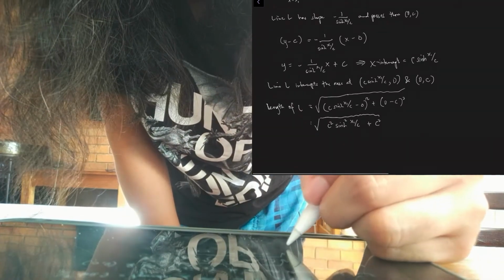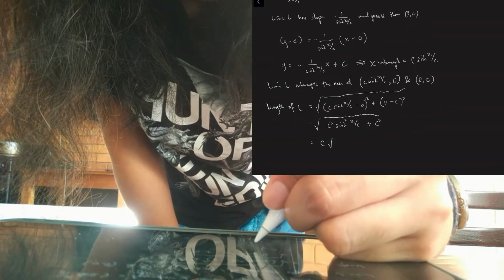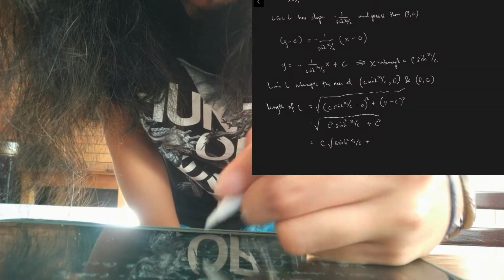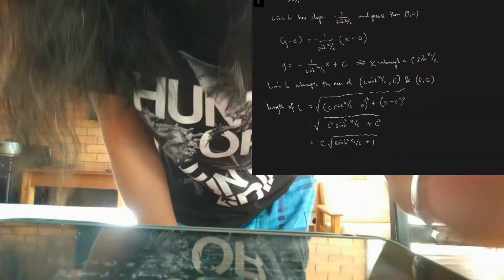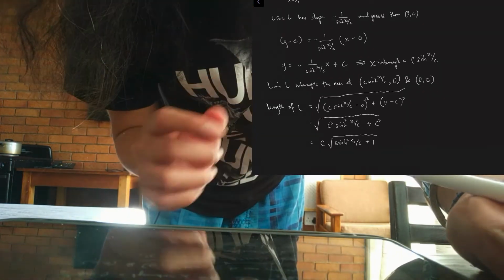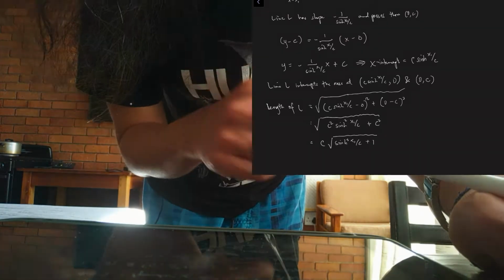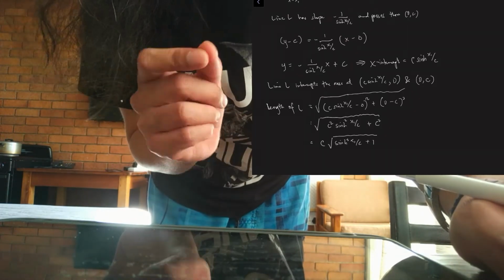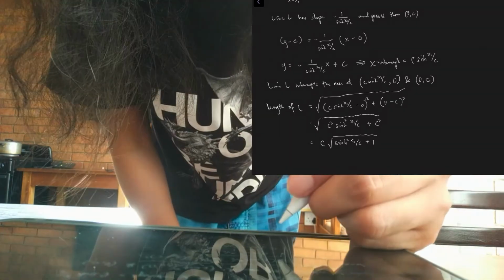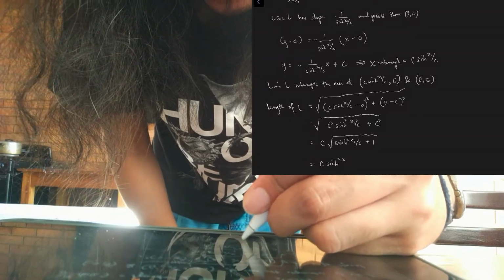We can of course factor out c: c times the square root of sinh squared x1 over c plus 1. But note that in the hyperbolic relationship between cosh and sinh, cosh squared minus sinh squared is equal to 1. Therefore 1 plus sinh squared is exactly cosh squared. So this is equal to c cosh squared x1 over c.